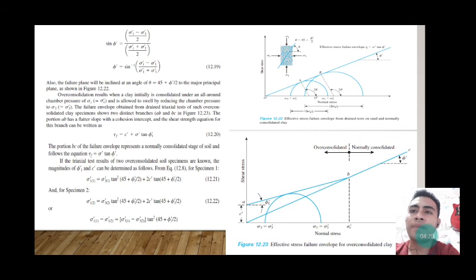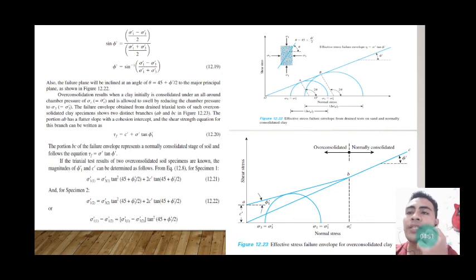The portion AB has the flatter slope with a cohesion intercept, and the shear strength equation for this branch can be written as shear stress is equal to c prime plus sigma prime tangent phi prime 1. The portion BC of the failure envelope represents a normally consolidated stage of soil and follows the equation shear stress is equal to sigma prime tangent phi prime.